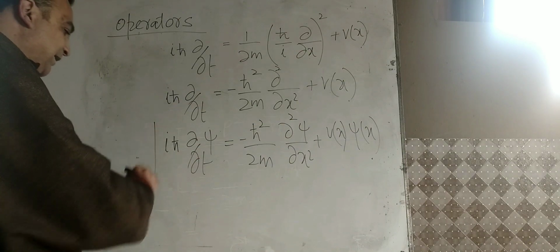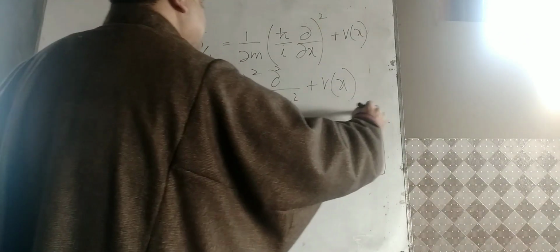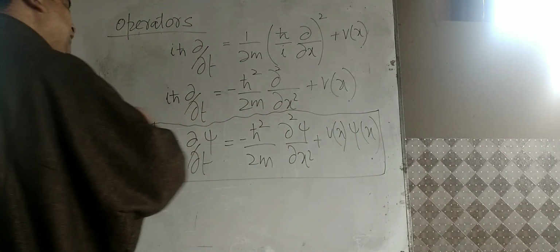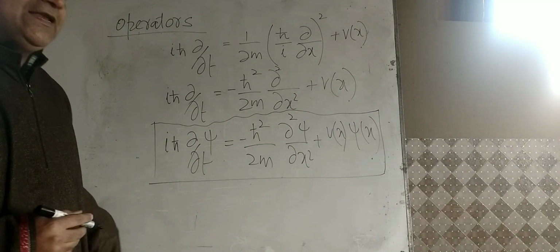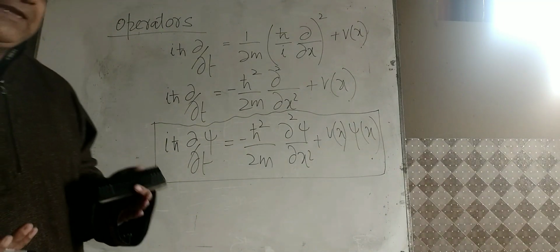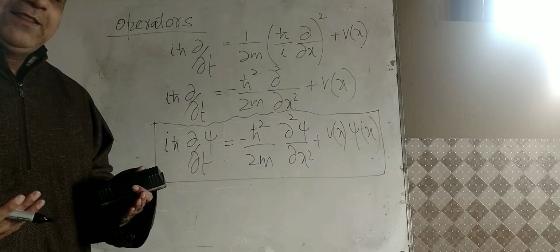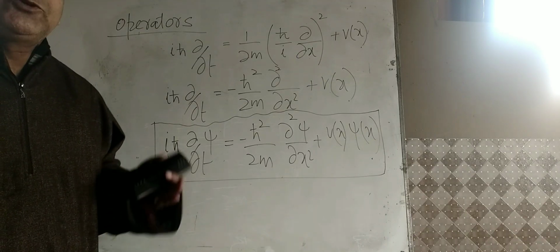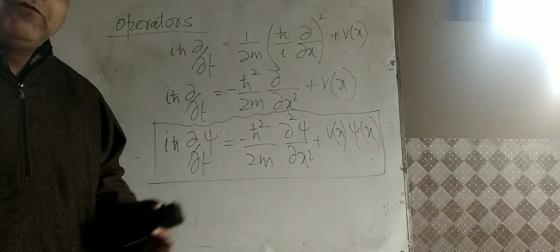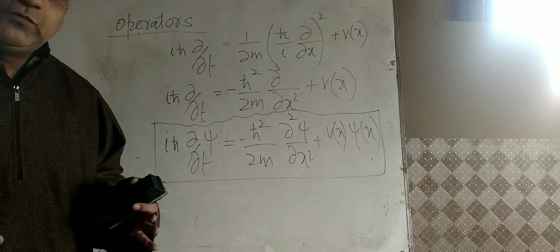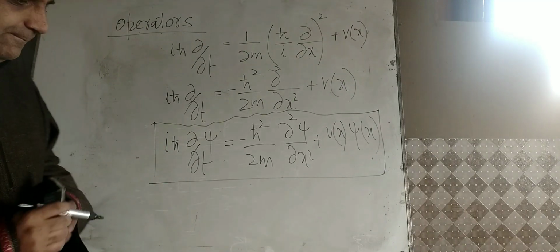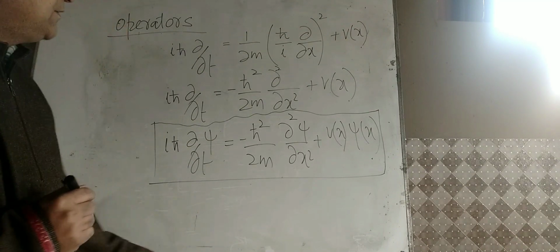So what is this? This is Schrodinger's time-dependent wave equation. So we can say that the operators, in this case the momentum operator and the energy operator, are themselves acting as postulates in confirming the Schrodinger's wave equation. I hope you understand this.